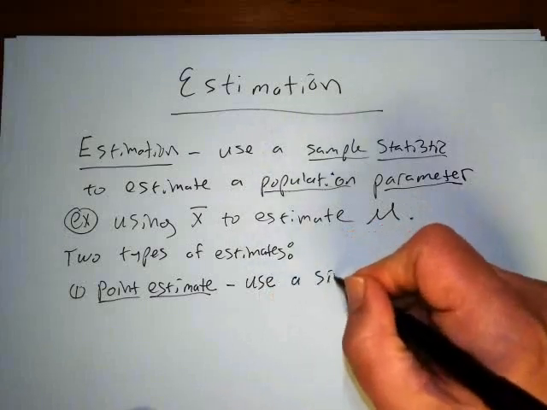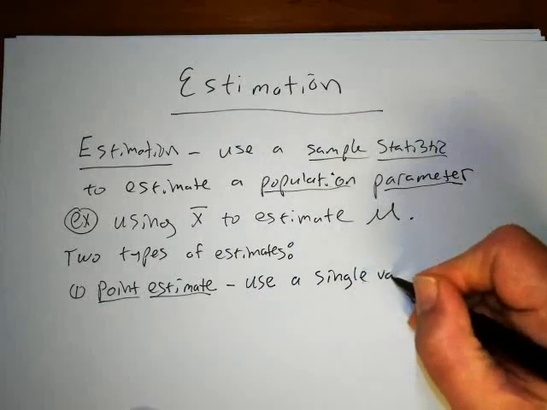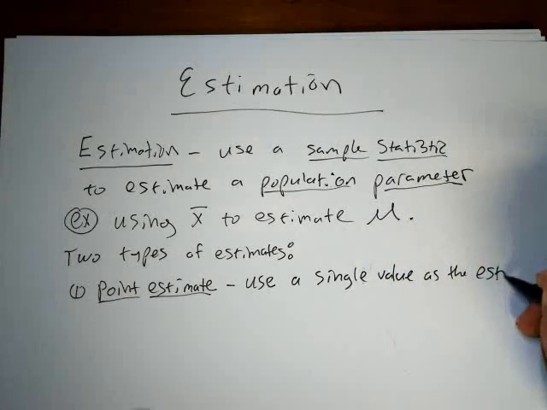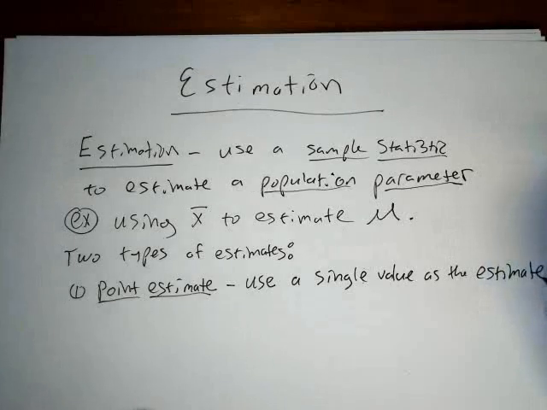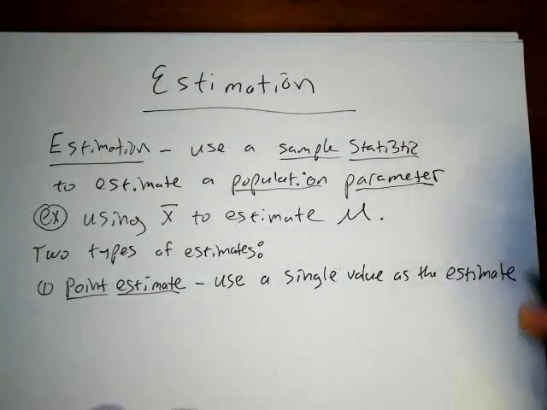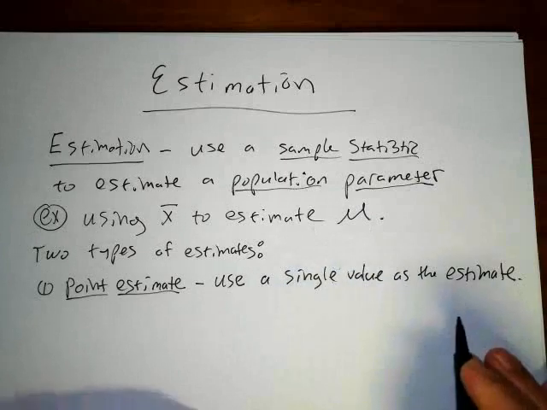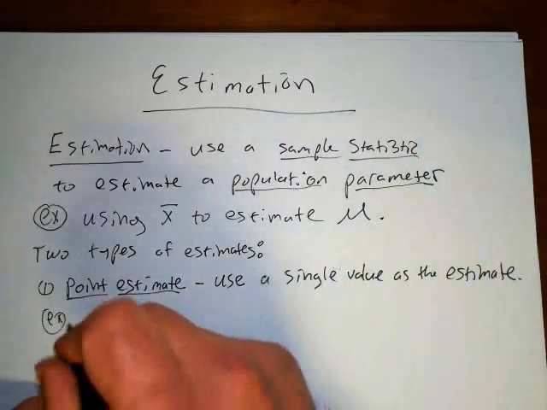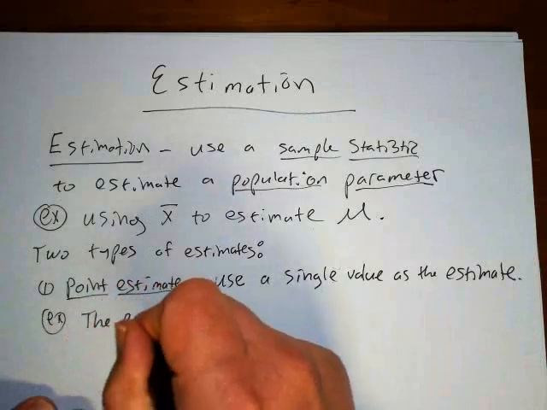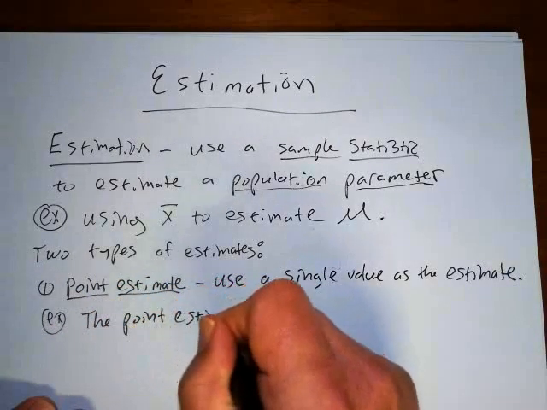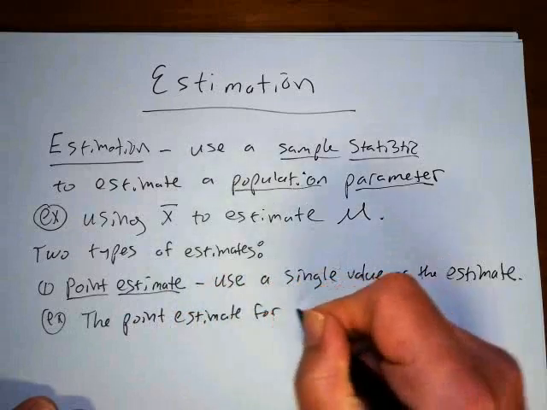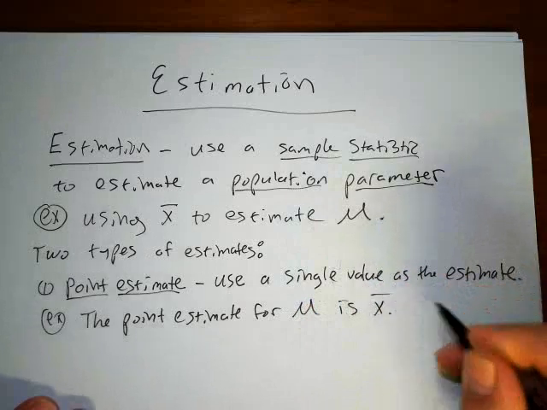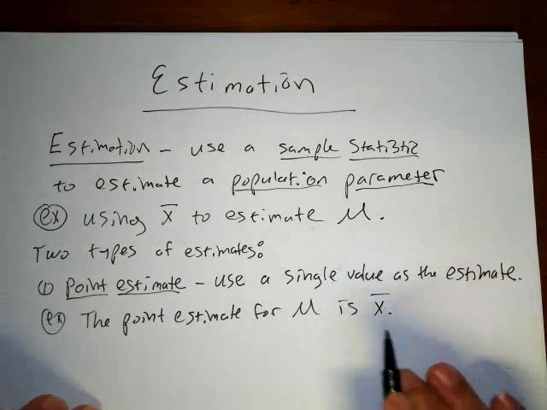Now when you're estimating the mean of the population, the point estimate for mu is the sample mean. That's the best estimate that you can use.